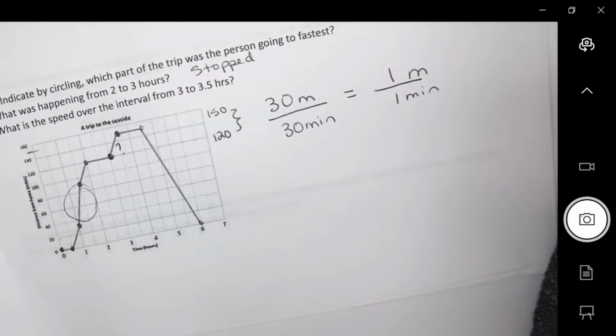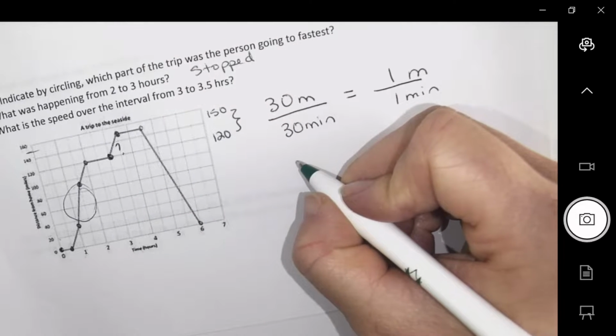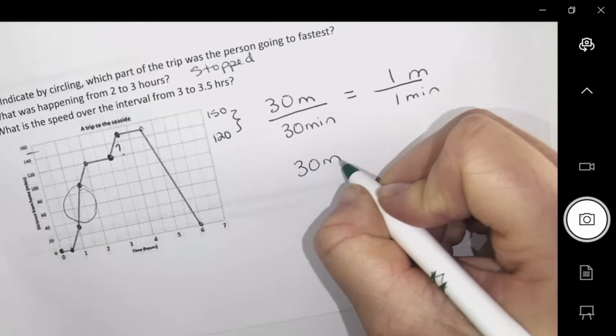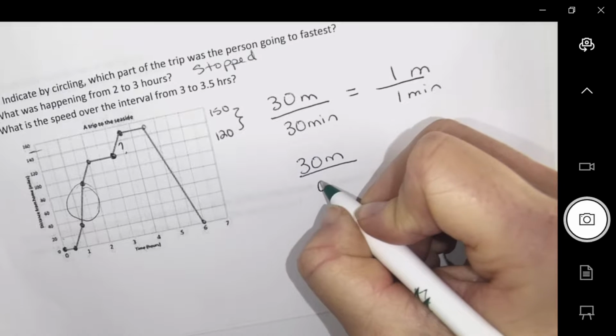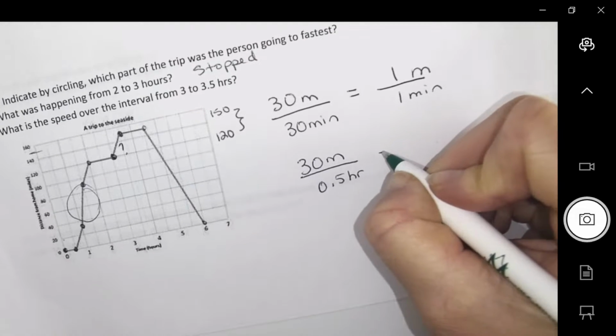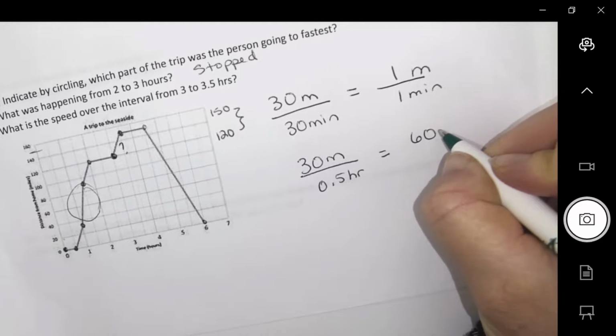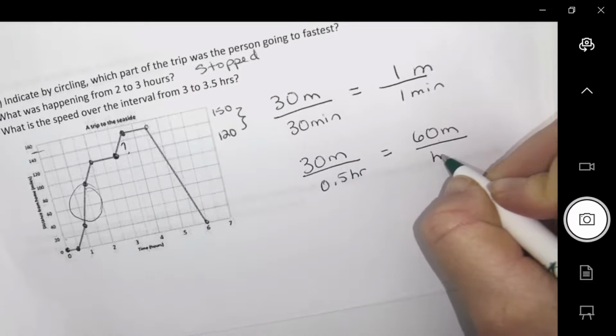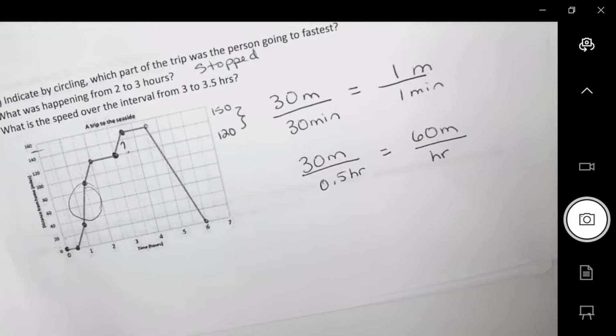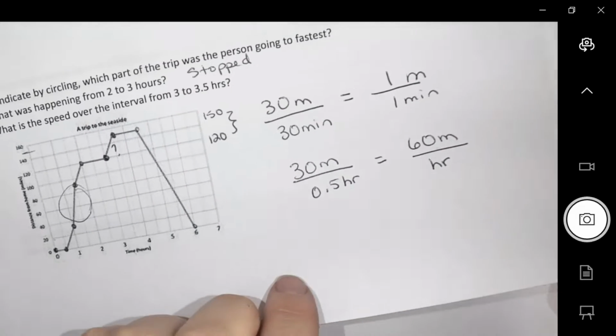It also would have been good if you did this: 30 meters over a half hour equals 60 meters per hour. That would also be a unit rate. Okay? I'm not sure if some of you had worked ahead and done it that way as well. Each is good.